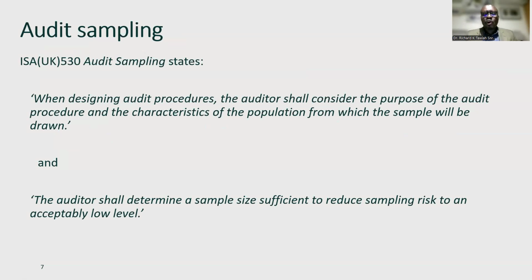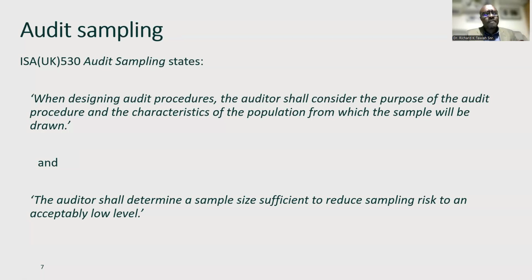When designing your audit procedures, consider the purpose of the audit procedure, and consider the characteristics of the population from which you select your sample. Whatever sample you select should be representative of the population and of sufficient size, so that you reduce what we call sampling risk to an acceptably low level.